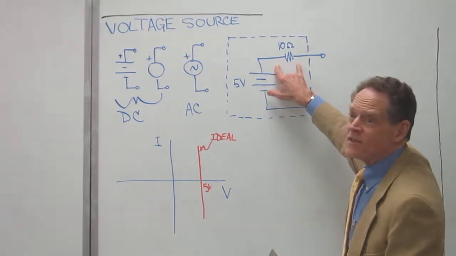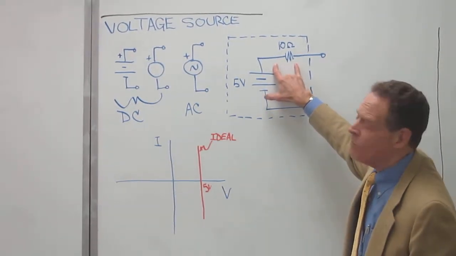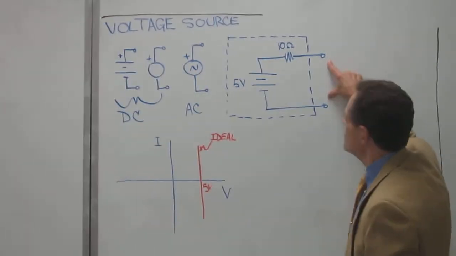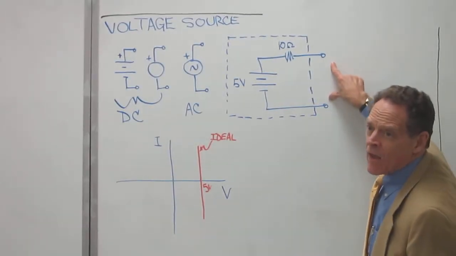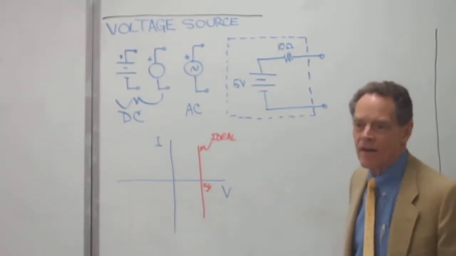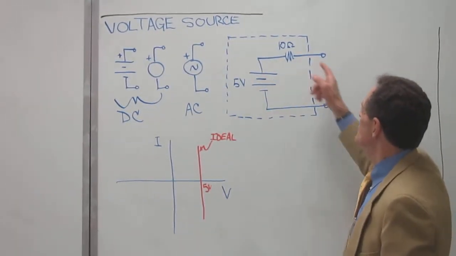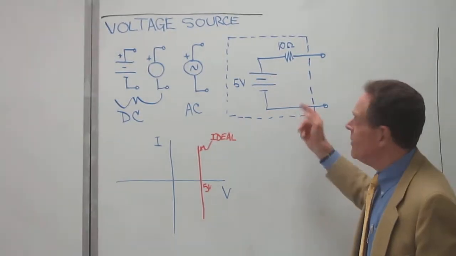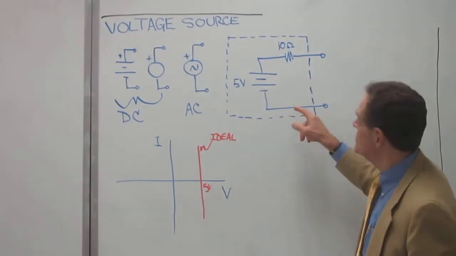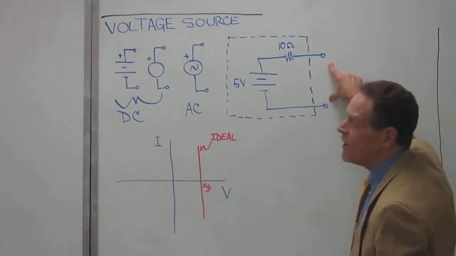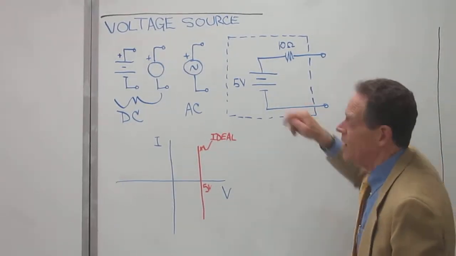And so there's no voltage drop across this 10 ohm resistor. And so all 5 volts appears at this point right here, according to KVL, right? As you add up voltages going around a closed loop, where it ends up where you started from, so you must have 5 volts at this point as well.